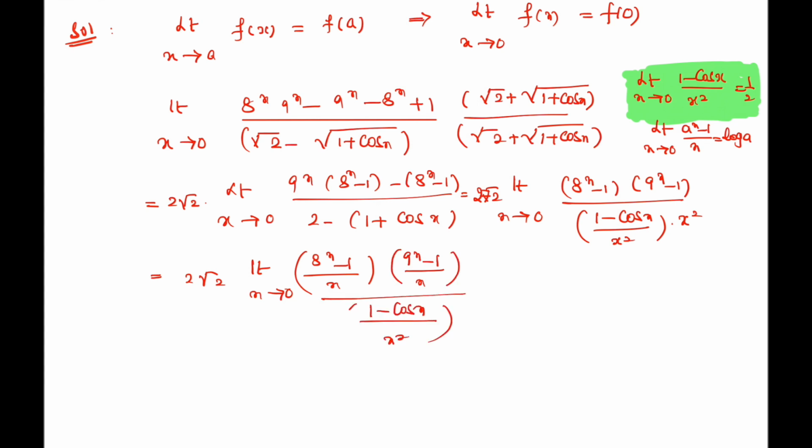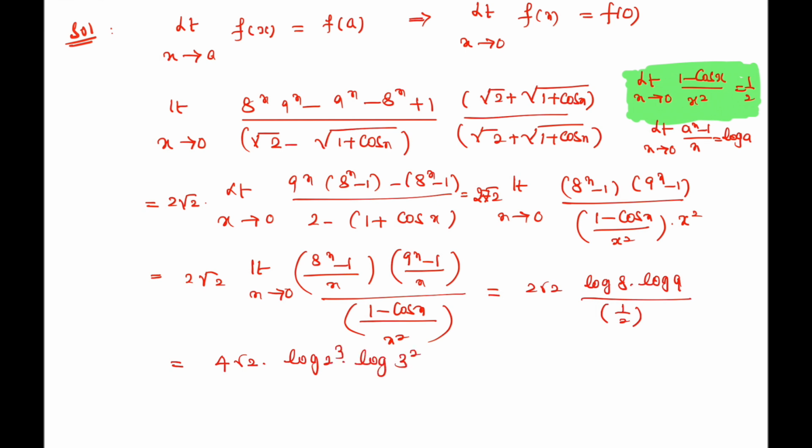Now we have everything in standard form. The limit value is 2 root 2 into log 8 into log 9 divided by the limit of 1 minus cos x by x square, which is 1 by 2. Finally we got 4 root 2 into log 8, which you can write as log 2 cube, and log 9 as log 3 square.